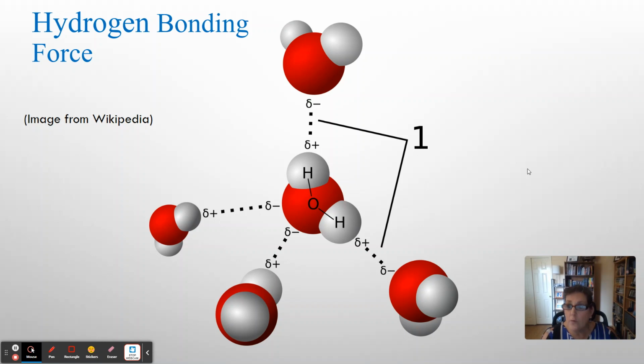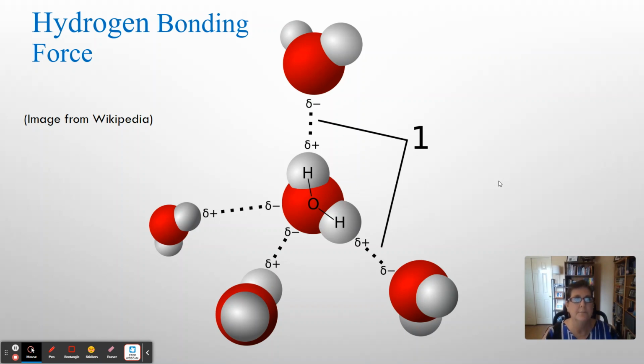It's never O to O, it's never H to H, it's always O to H. So again, we have several water molecules in this picture, and we can see the dashed lines are the hydrogen bonding forces. Again, they're forces, not bonds. This is an intermolecular force.